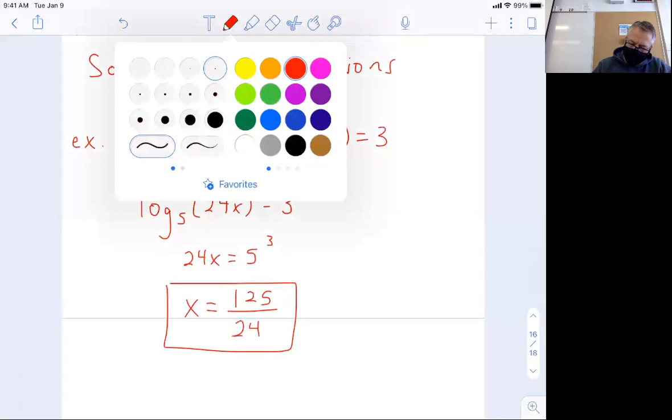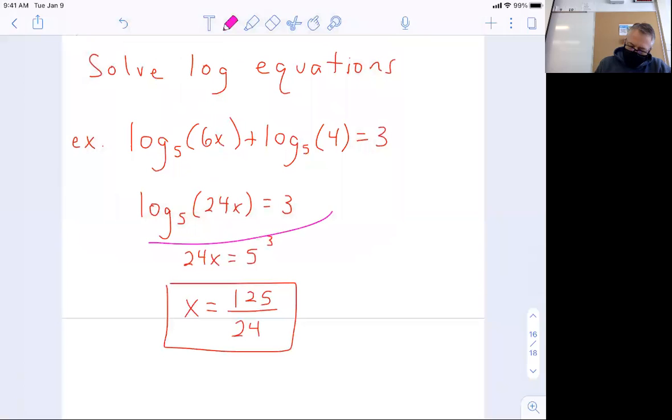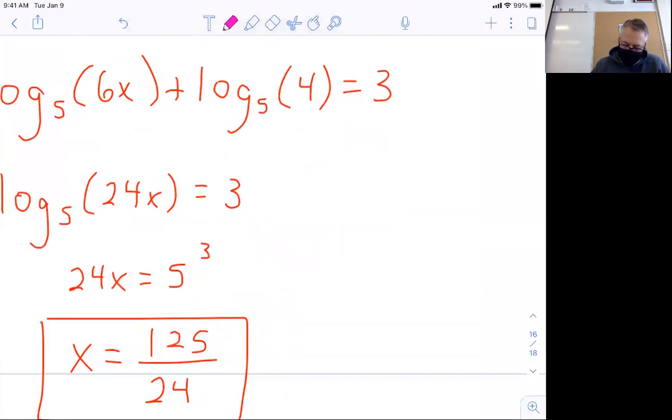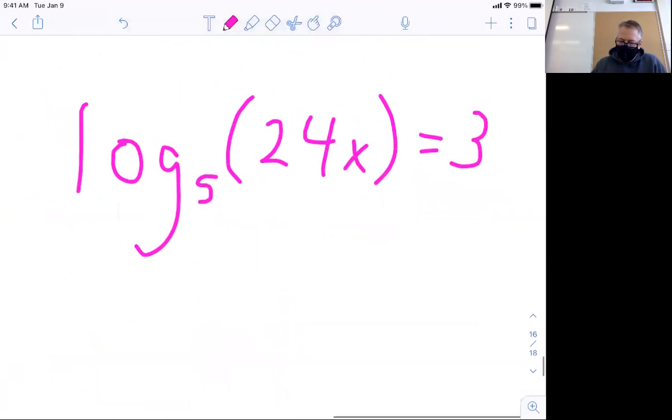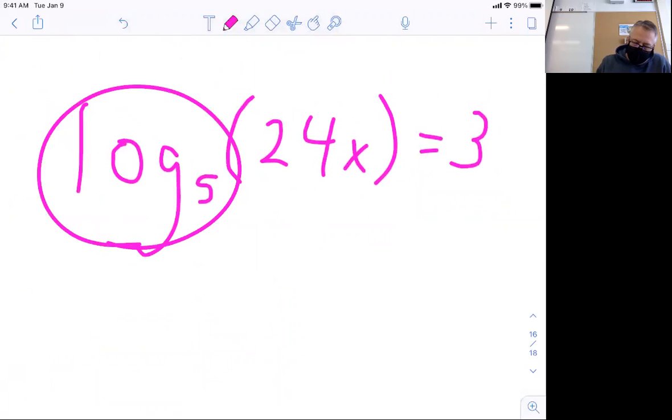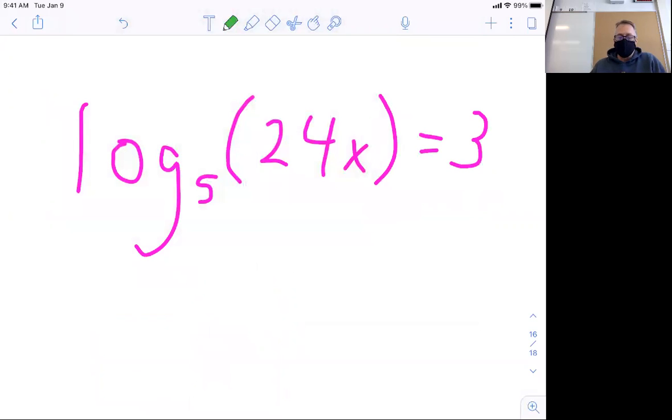And also, just to point out, this idea of going from log form to exponential form, we are, again, just following rules of algebra. What we're really doing, if we have log base 5 of 24x is equal to 3, is to get rid of log base 5, it's an equation, so I'm taking 5 to the power of both sides, which is perfectly fine to do.